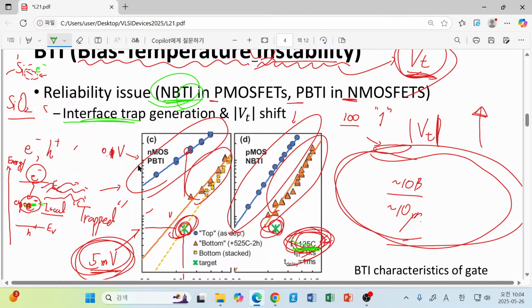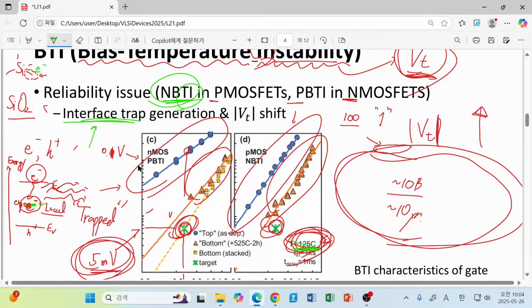Okay, and you know that in order to talk about this interface trap generation, we must understand the physical mechanism. Maybe the initiator of this interface trap generation is regarded as high energetic electrons.